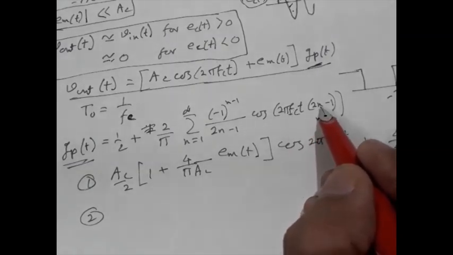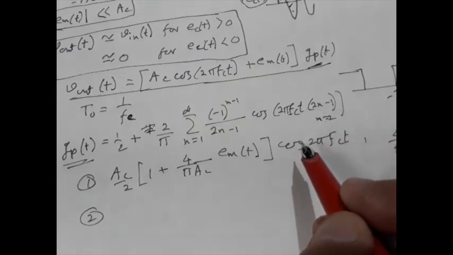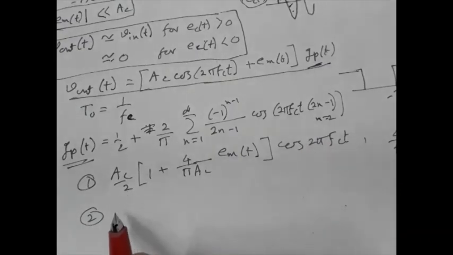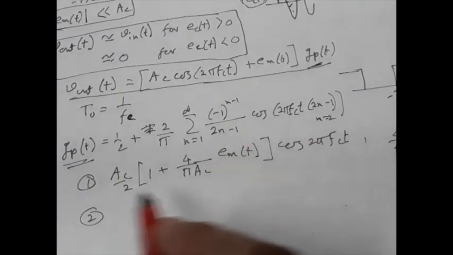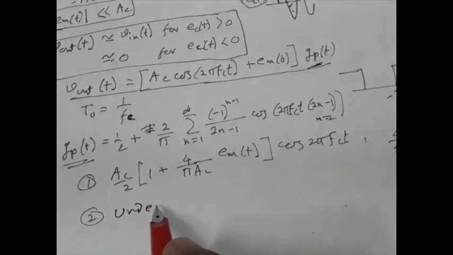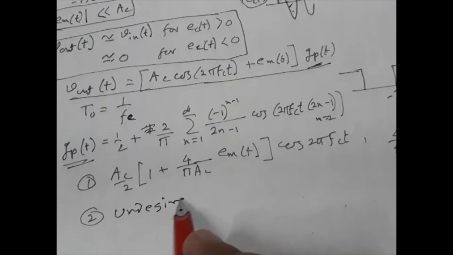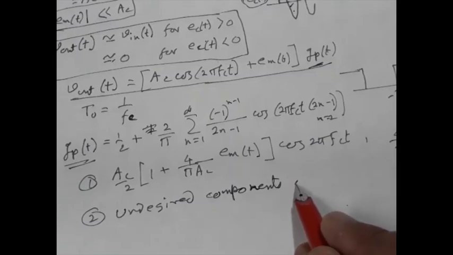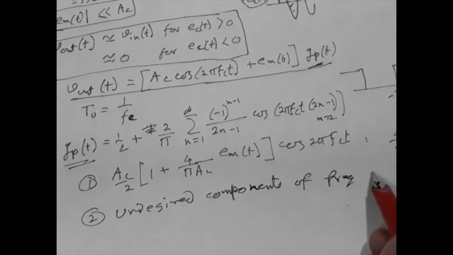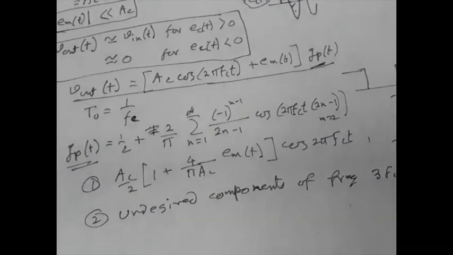If we put n equal to 3, then it would become 6 minus 1, that is 5 fc. That means the other components that will be generated for higher values of n are the undesired components, of frequency 3 fc, 5 fc, etc.